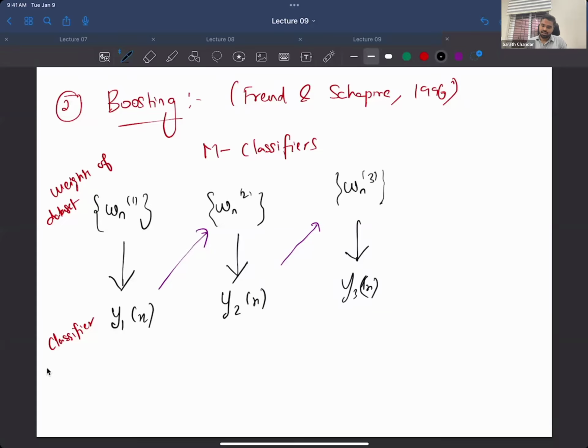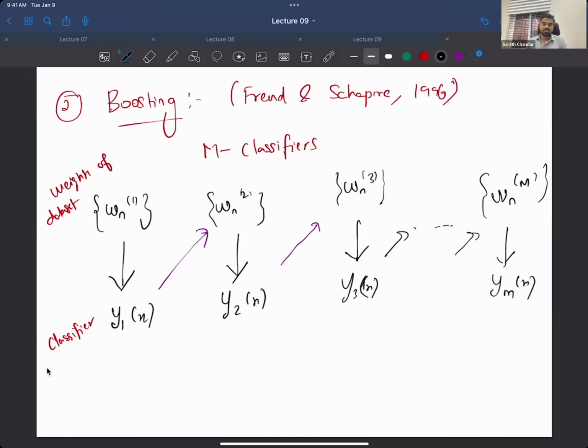I just continue this process for a number of rounds, and eventually I get wnm. This is going to give me a classifier ym of x.